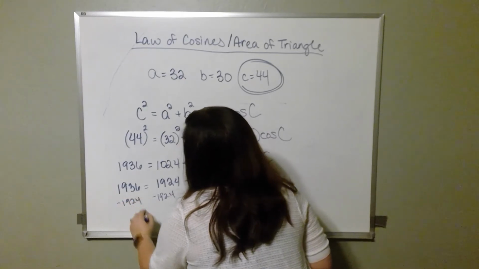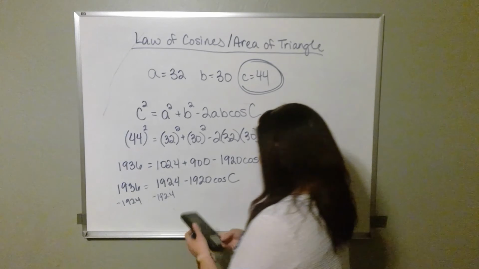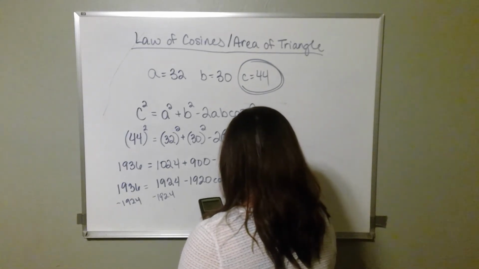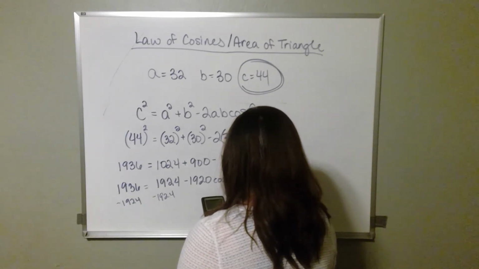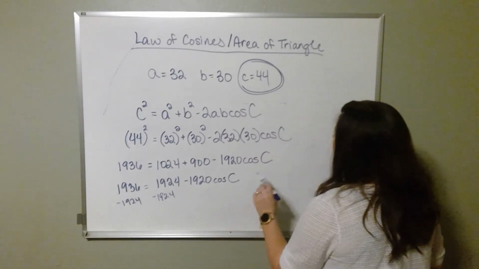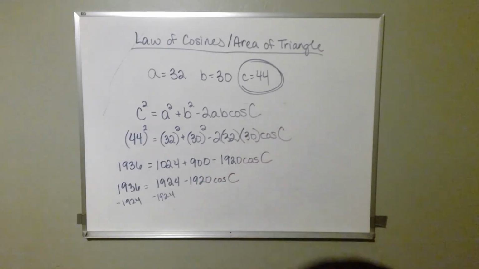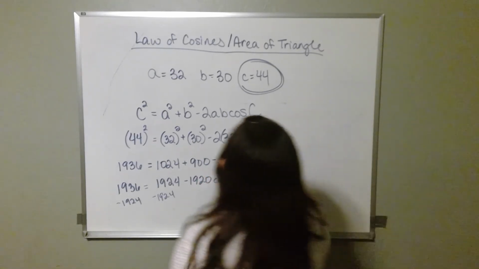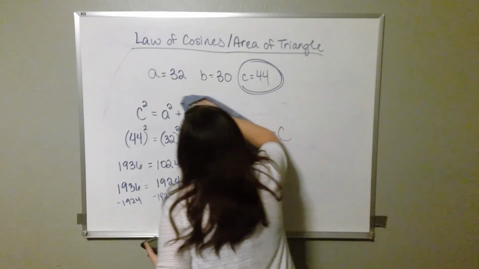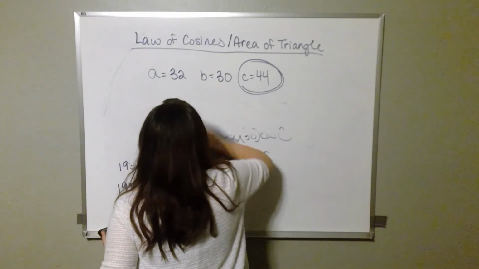Notice the solving on this one's a little different because we're solving for the angle instead of the side. So when you subtract that 1924, you're going to end up with, actually I'm going to have to erase some. This tiny board.